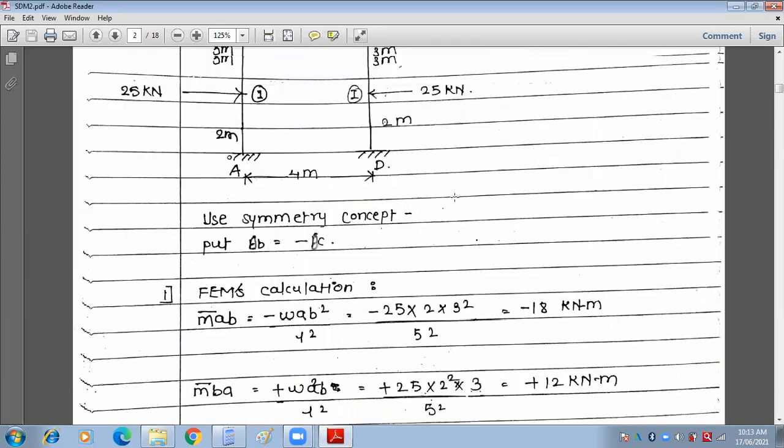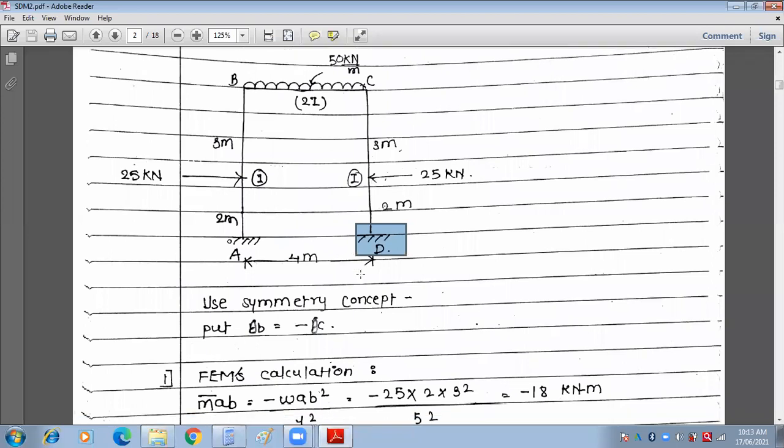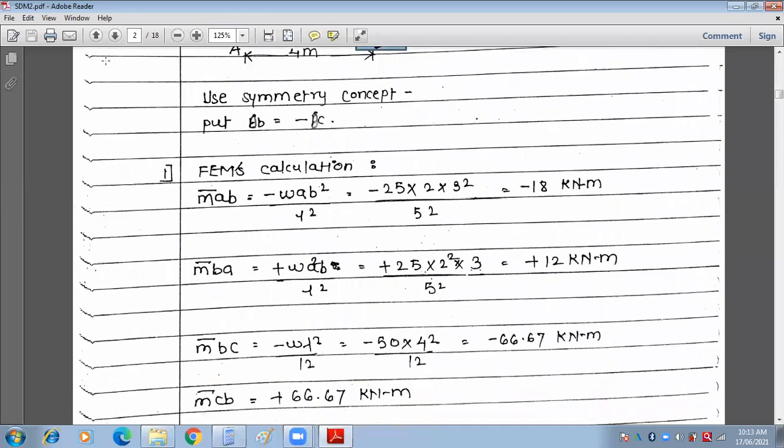If you see the figure, support A is fixed, support B is continuous, support C is continuous, support D is fixed. As we know, if the far end is fixed or continuous, only in that condition we use the general formula. And here, throughout the portal frame, we are using the general formula. Therefore we have to use this general formula.